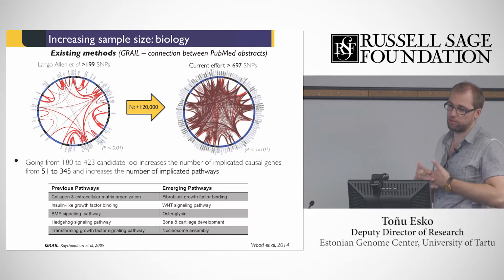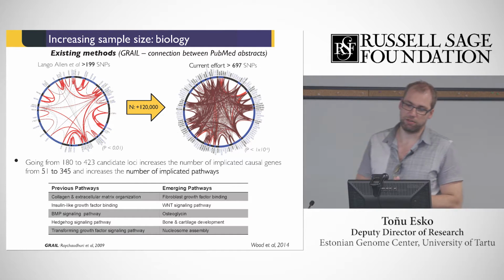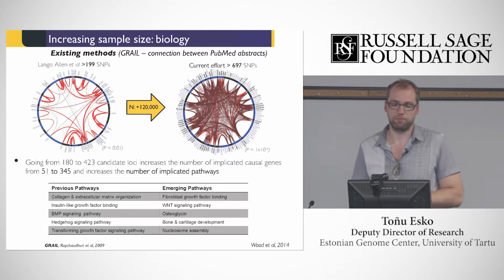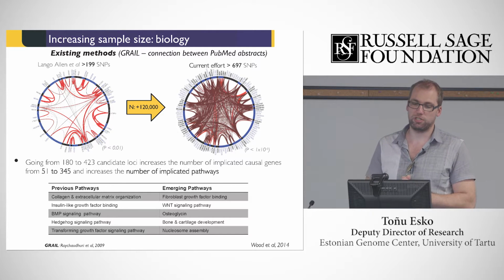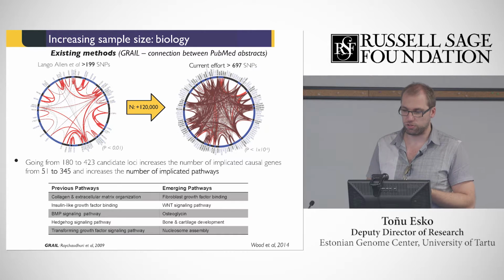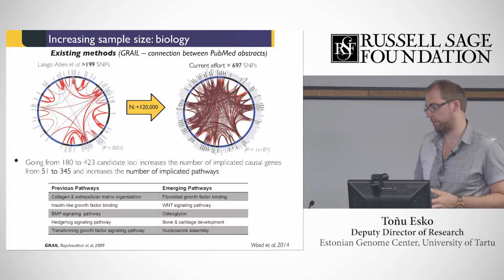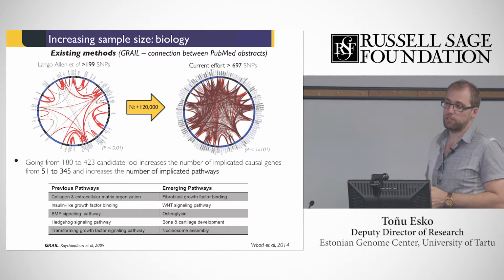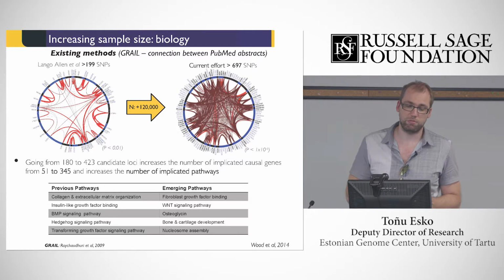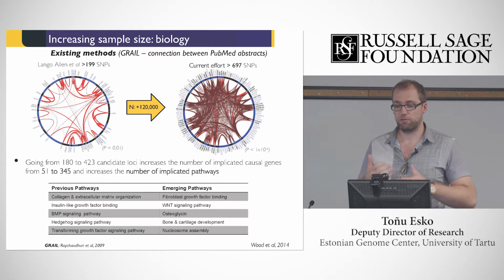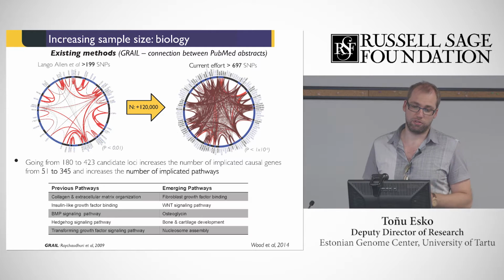If you're increasing the sample size, again now I'm switching back to the height, previous GWAS, but there are also tools, as I mentioned, you can use gene expression to prioritize genes, but there are also tools that actually use abstracts, like PubMed abstracts, so they do a literature search, and it's called GRAIL.